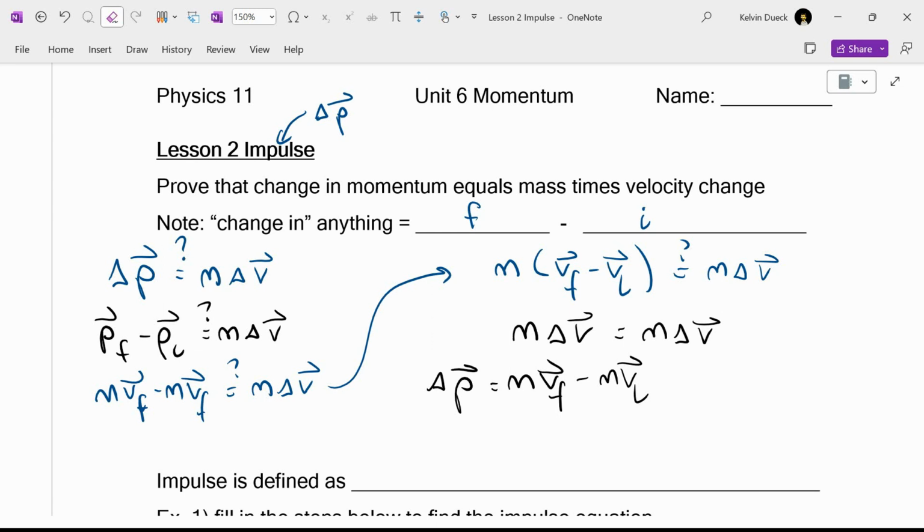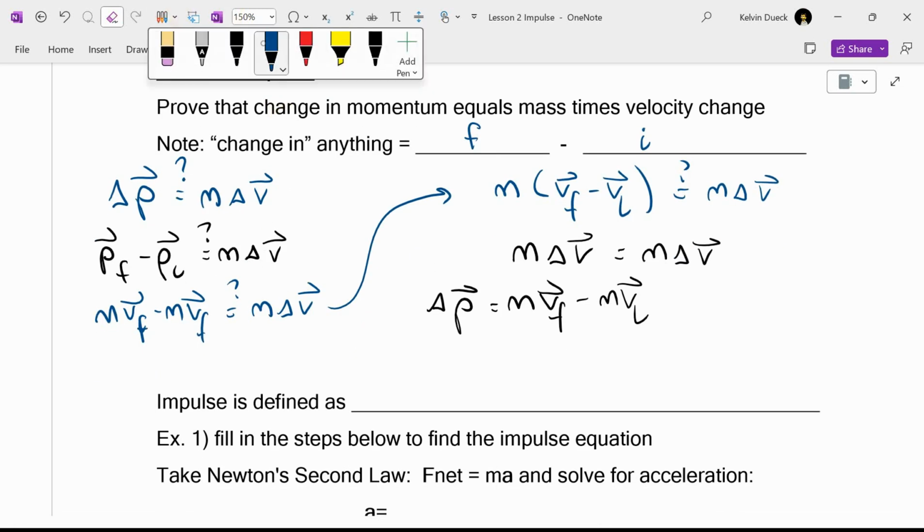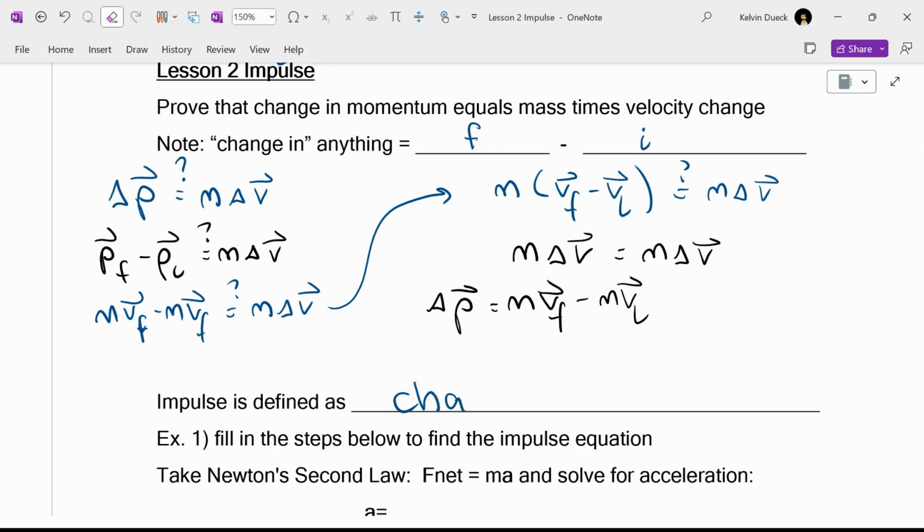What's impulse defined as? What did we say it was? Change in momentum. I'll write it in English just this once, but from now on, I'm going to write delta P because it's less writing, and you know I like to abbreviate.